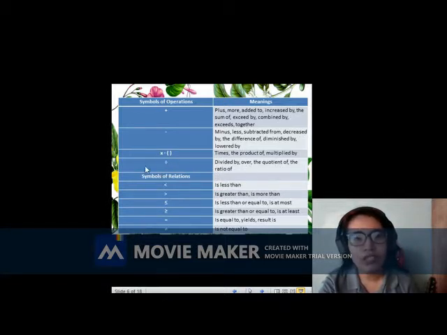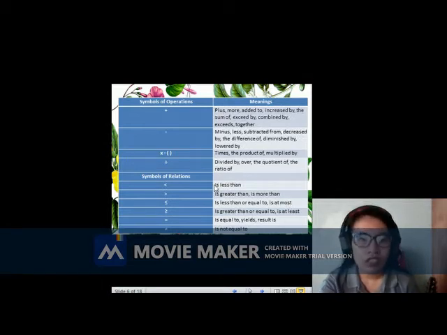Then for addition information, we have here the symbols of relation. When you see an arrow to the left, you use the symbol for "is less than", and an arrow to the right means "is greater than", "is more than".